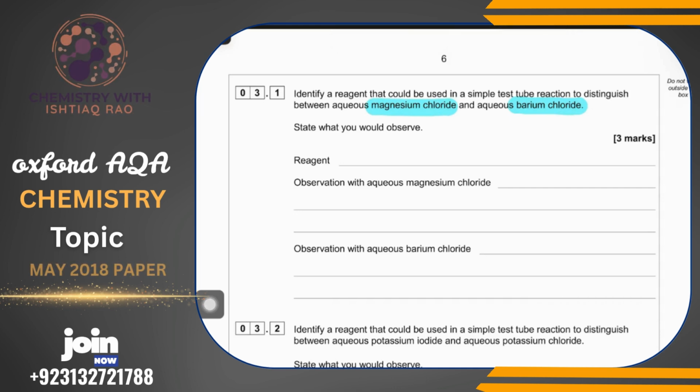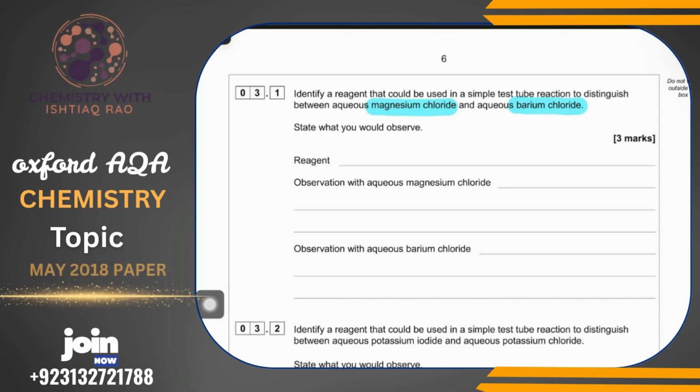Exactly. We have two reactions to test whether you can test magnesium chloride or barium chloride. Of course, we have to distinguish between these two. Let's suppose I would be adding sulfuric acid, or I should add sodium hydroxide, let's say.